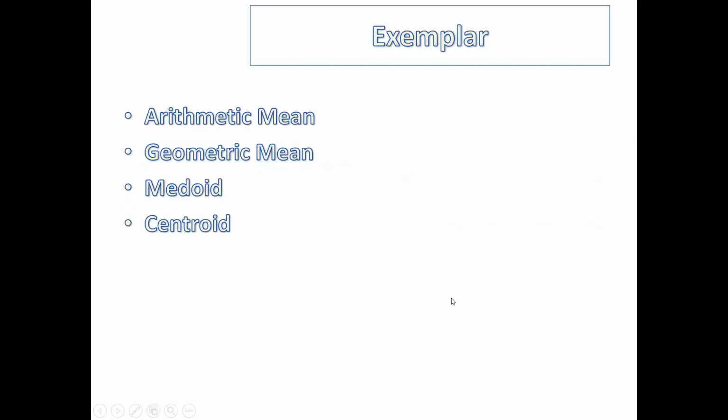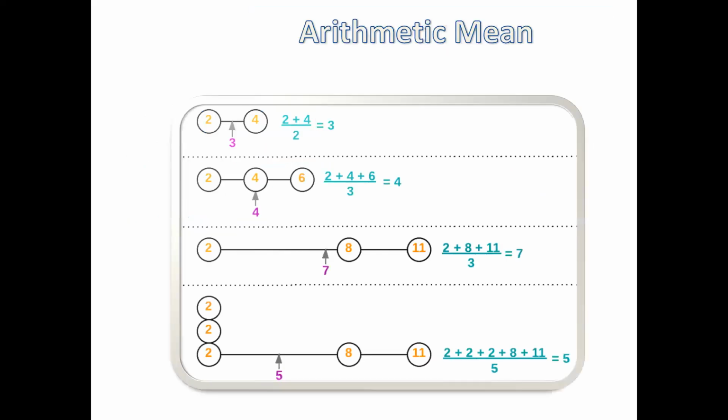Now, how to use it? When I'm doing the mean, I can also use different kinds of mean. I can use arithmetic mean, geometric mean, centroid method and median method, etc. Arithmetic mean is something like this, you know. If I have observations like 2 and 4, it's 2 plus 4 plus 3 and so on.